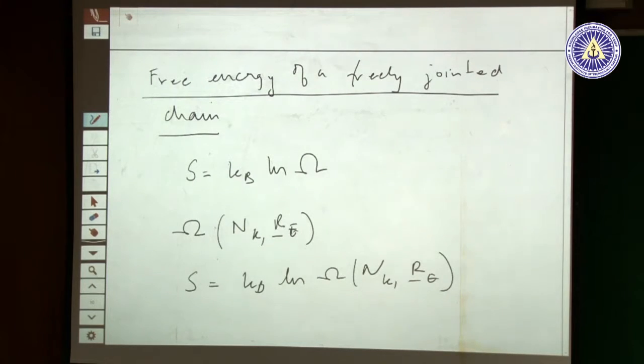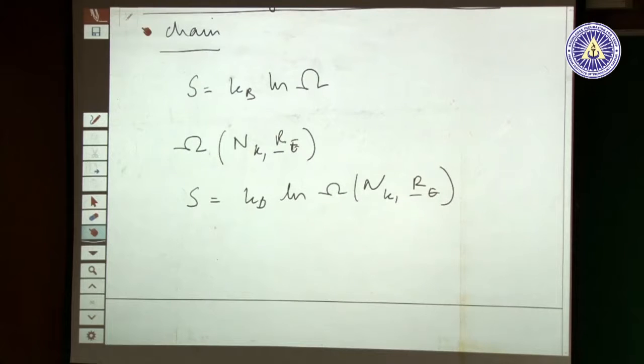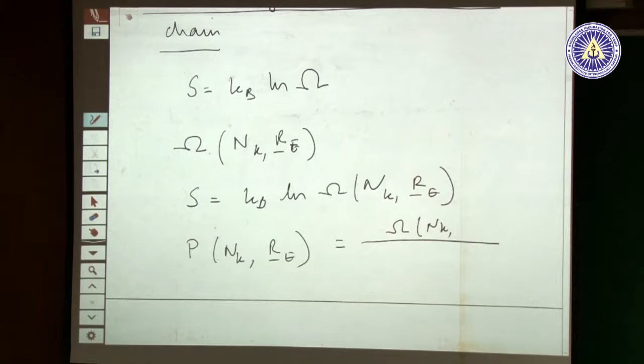Okay. Now, we can ask ourselves what is the probability that a Kuhn chain with nk Kuhn steps has an end to end vector Re. Now, we have just answered this question in a different way, but now in terms of the number of states that the chain can have. You can use the frequency definition of a probability. It is the total number of states that a Kuhn chain with nk steps has that have an end to end vector Re divided by all possible states.